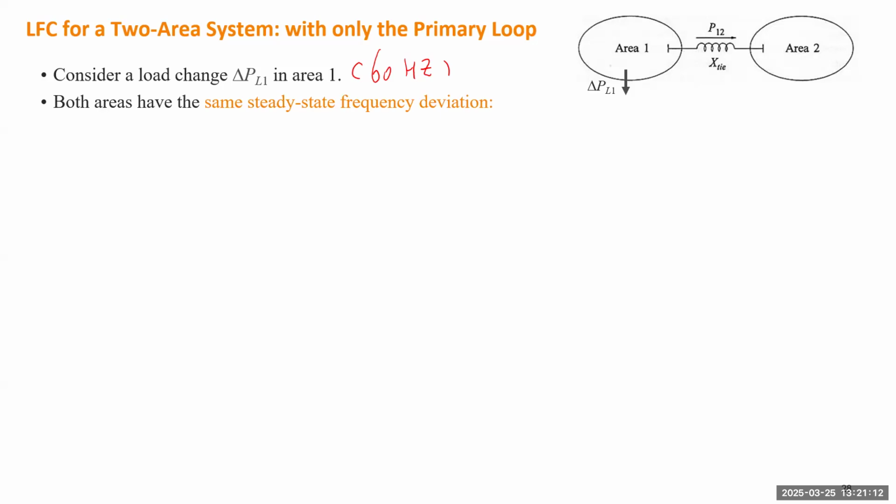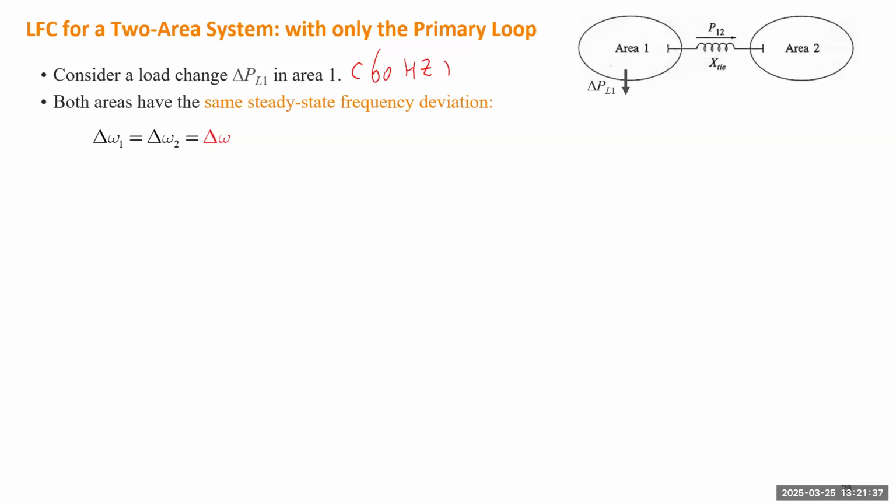So when we let this system evolve, after some time, eventually the entire system will have the same steady state frequency. Which means you can study the frequency deviation in each individual area or in the entire system. Either way, you will get the same steady state frequency. So we can easily write this equation.